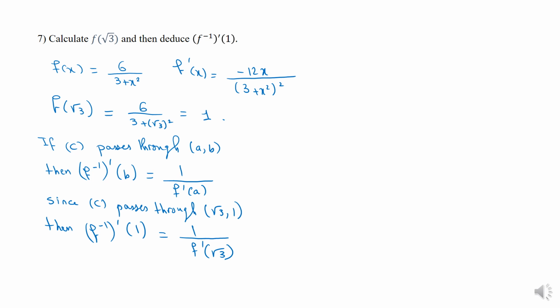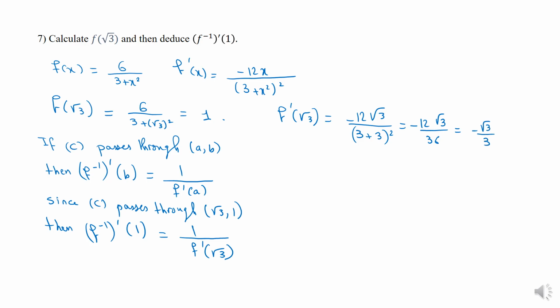So let's calculate f prime of radical 3. It's minus 12 radical 3 over 3 plus 3 squared. So minus 12 radical 3 over 36, minus radical 3 over 3.